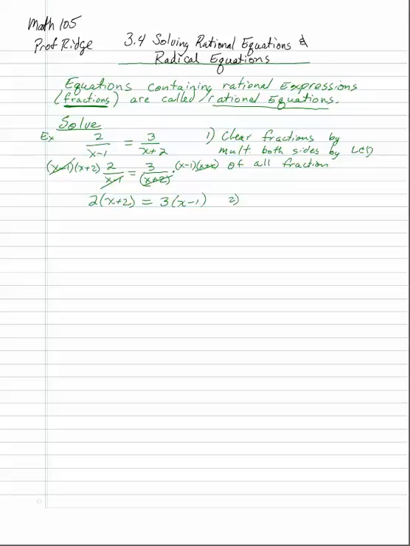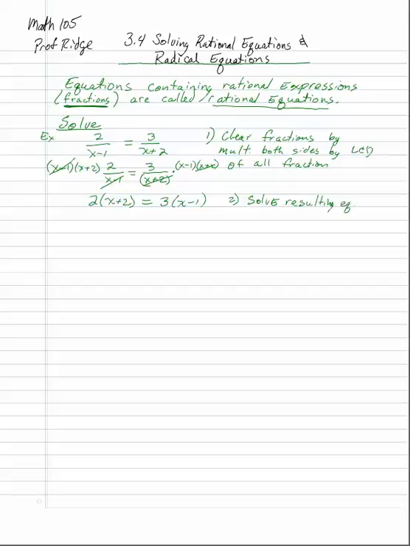Okay, and then you're going to solve the resulting equation. Now depending on what type of equation you get from here would tell you what technique to use. You might get a quadratic equation, you might get a linear equation. So I'm just going to keep it general. Solve the resulting equation.